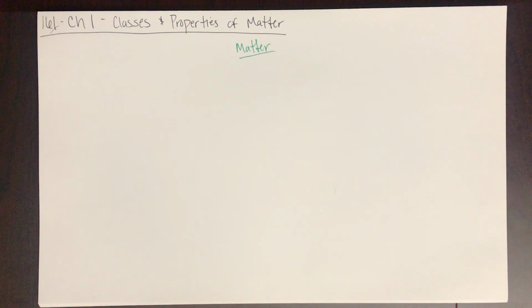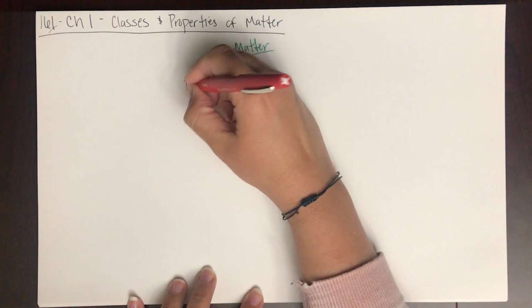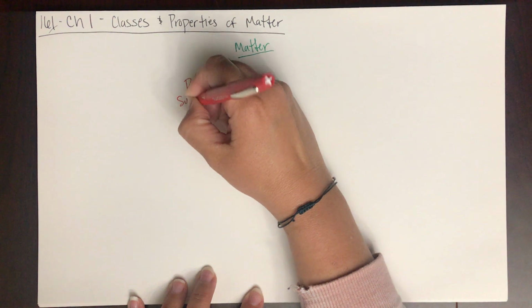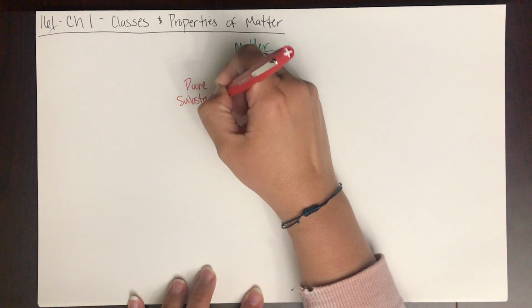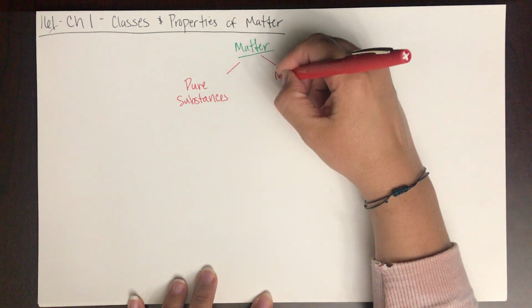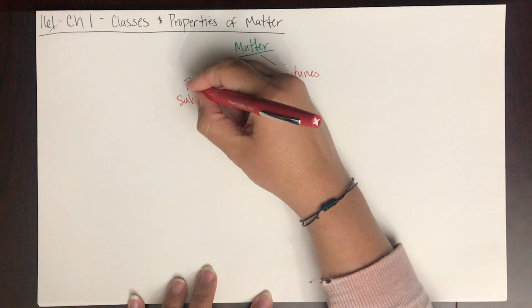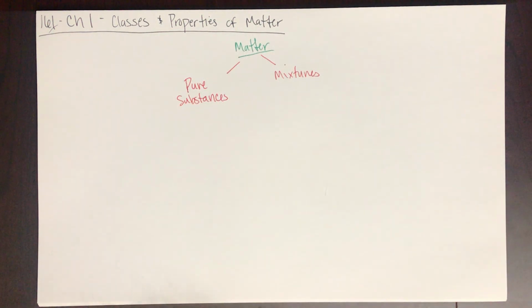There are two major classes of matter: what are called pure substances, and what are called mixtures. All matter fits into one of these two categories, either a pure substance or a mixture.